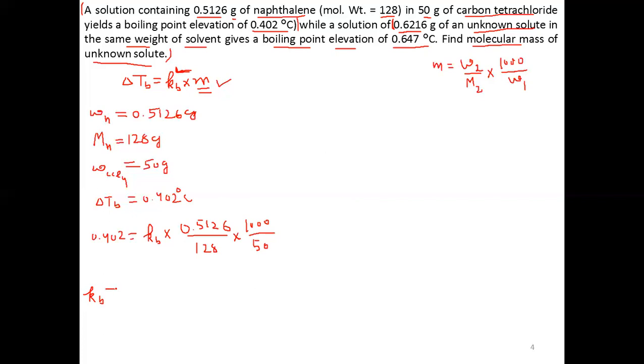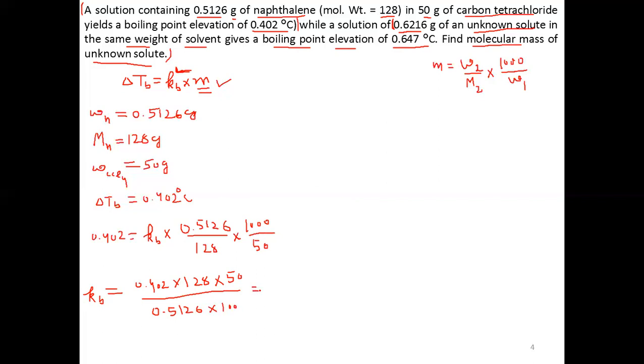Kb will come out to be, if we take Kb here and take all other things to the left hand side, 0.402 into 128 into 50 divided by 0.5126 into 1000.